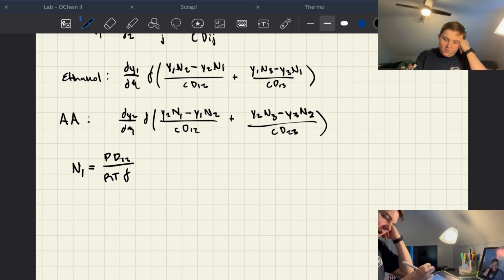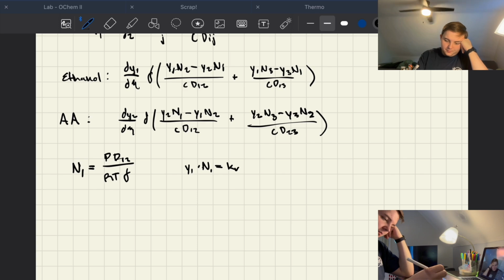We can get y1, because we know y1 times Rm is equal to our reaction rate. So we can solve for y1 as the absolute value of molar flow rate over our reaction rate.